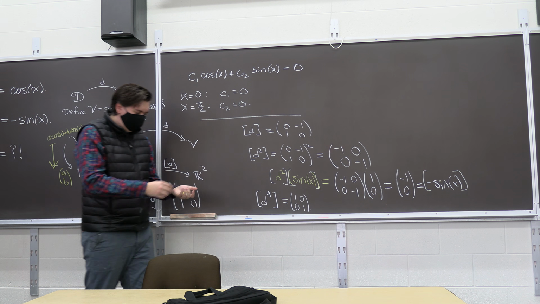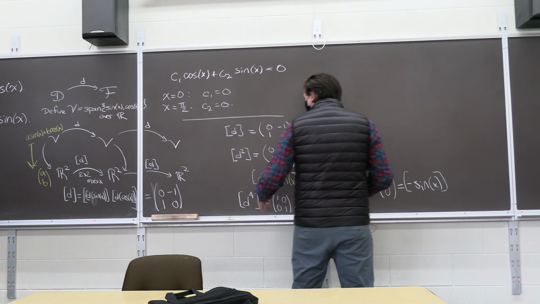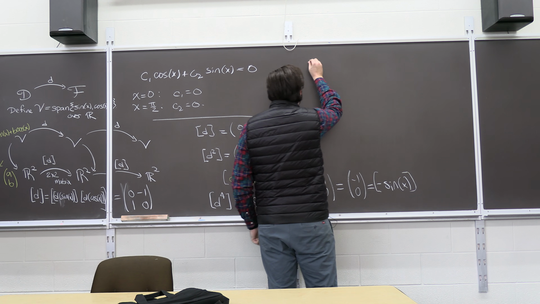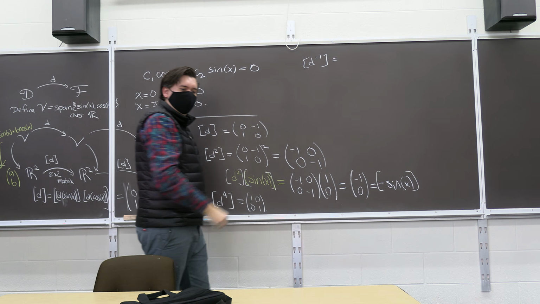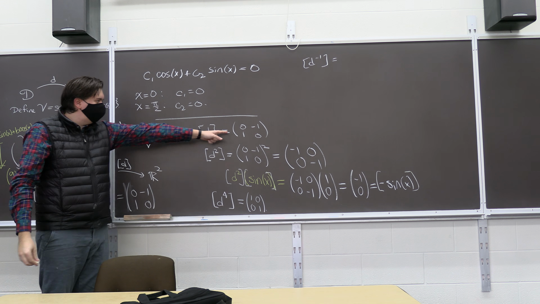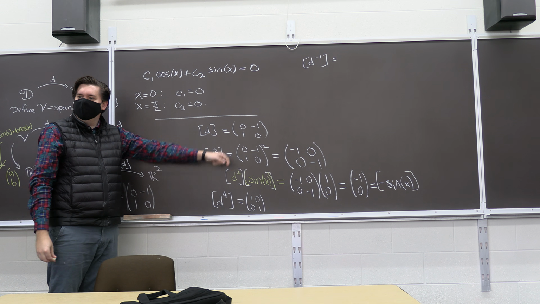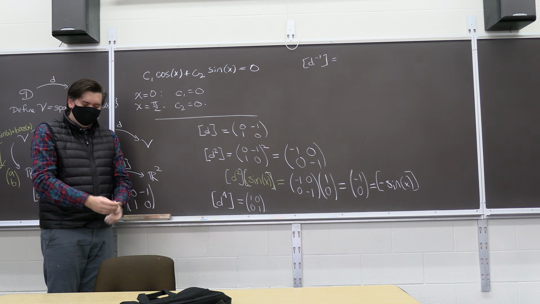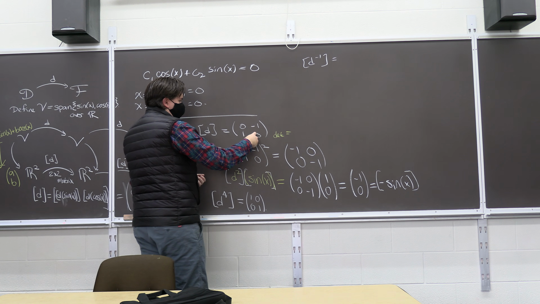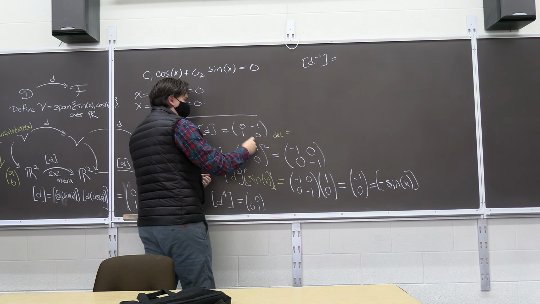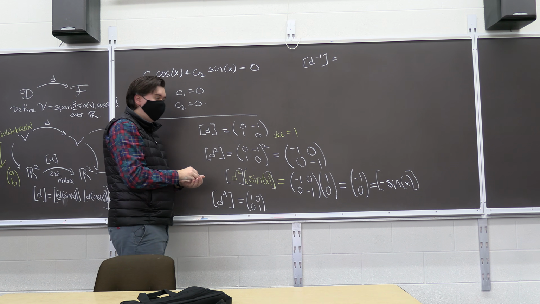How about the inverse? Do we have an inverse? Is this matrix invertible? Yeah, the determinant of it is just 0 minus negative 1. The determinant's 1, yeah?